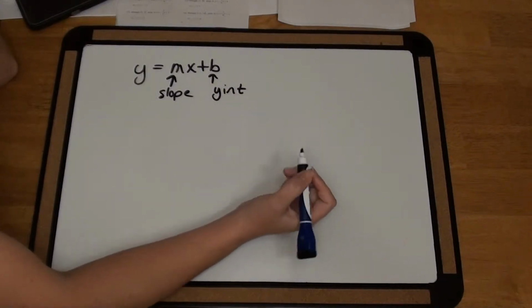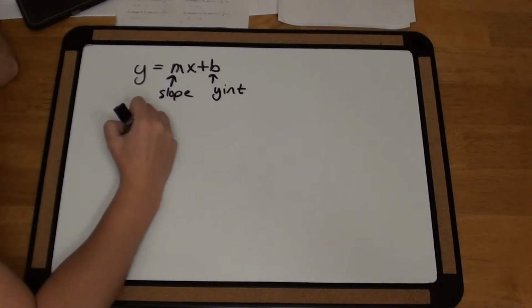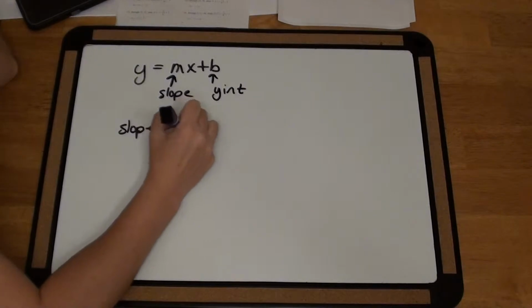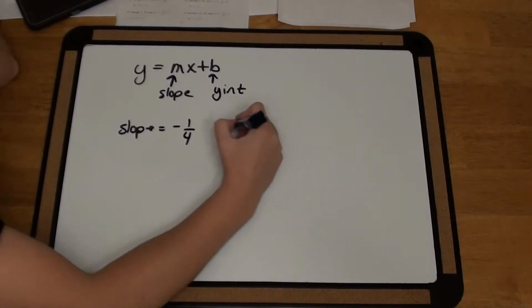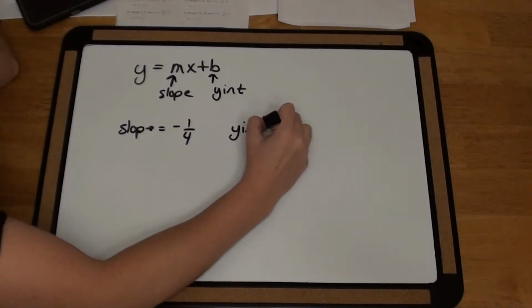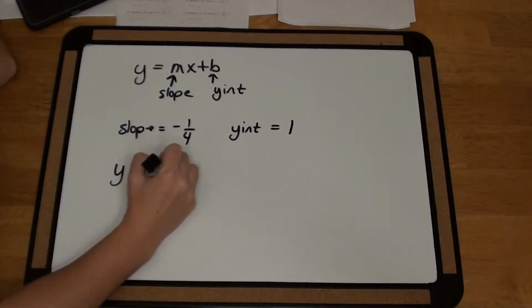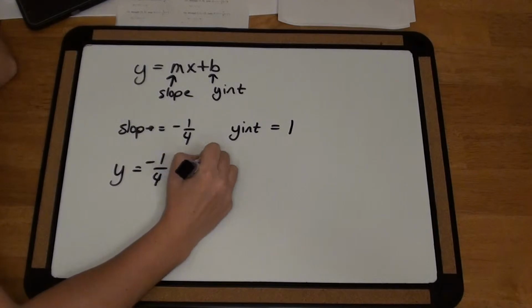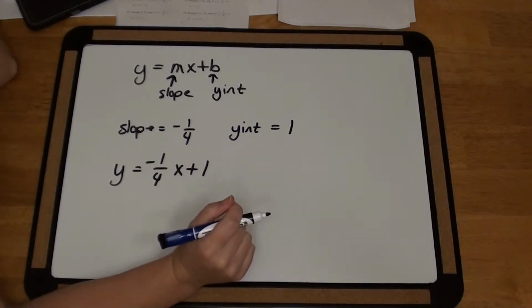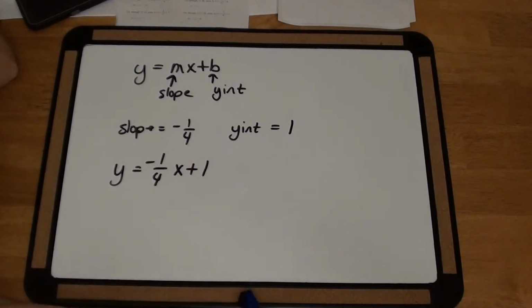So if we get a problem like slope is -1/4 and the y-intercept is 1, we simply plug those in. y equals -1/4 x plus 1, and we're done. Those should be ridiculously easy.